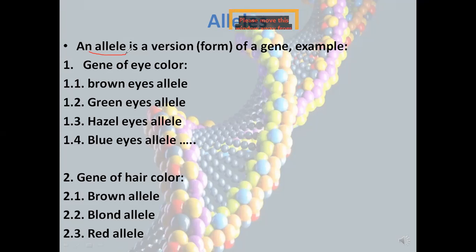For the gene of the hair color, we have the black hair allele, the brown hair allele, the blonde hair allele, for example the red hair allele. All of them are versions or forms of the gene, so we call them alleles. So the gene is the big model or the big trend, and the models are called the alleles.